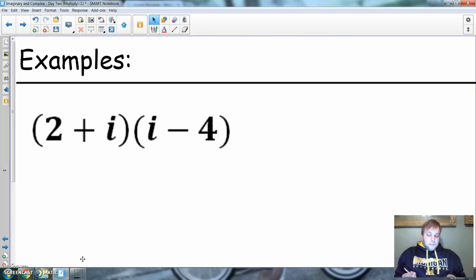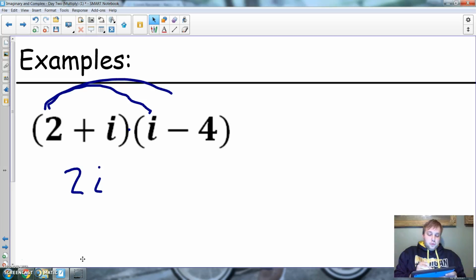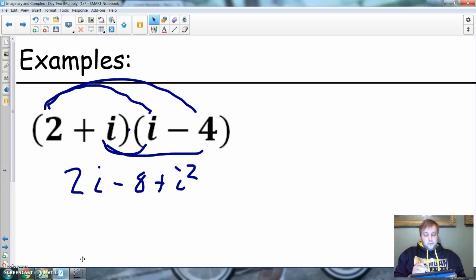All right. A couple more here. So I'm going to start off. This is foiling, right? So 2 times i is 2i. 2 times -4 is -8. i times i is positive i squared. And i times -4 is -4i. Now, as soon as I see that i squared, I'm thinking that's actually a -1.